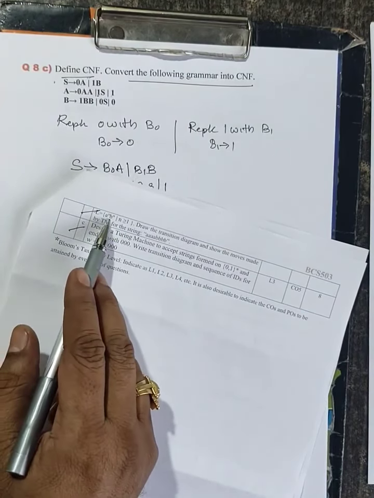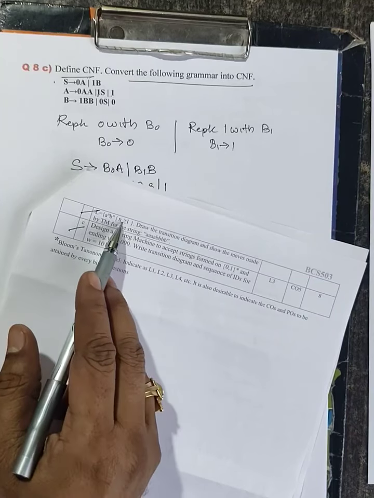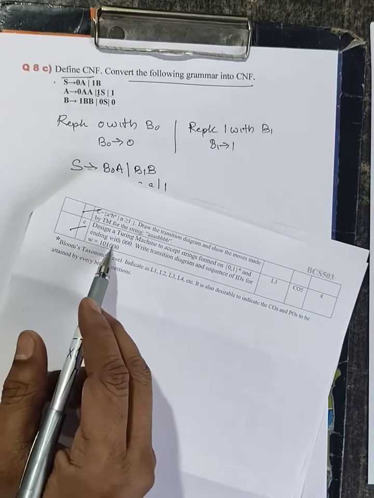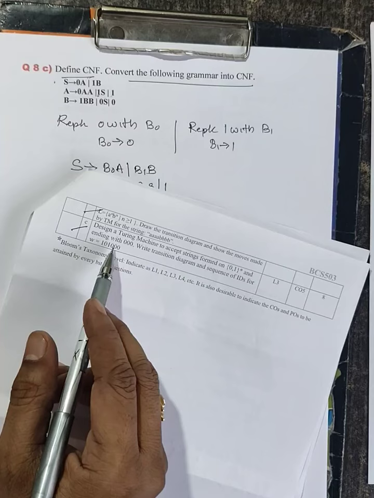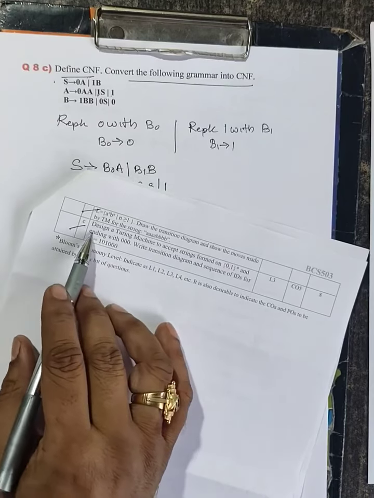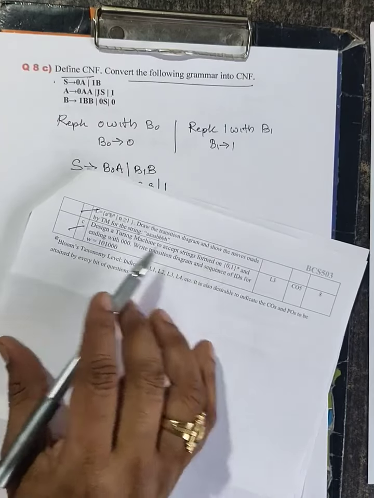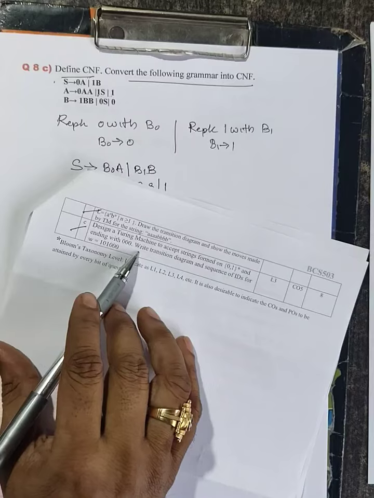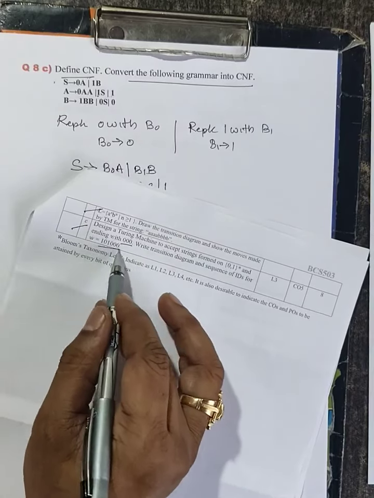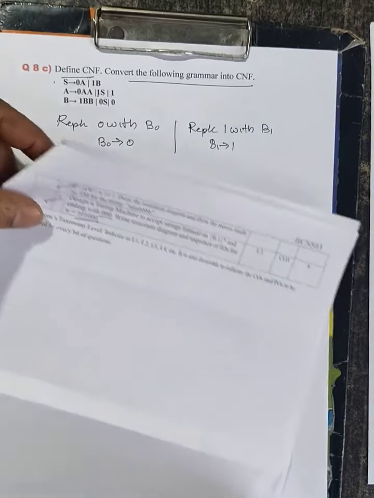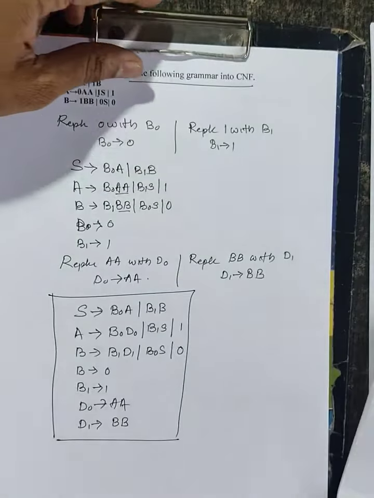This is a to the power n, b to the power n, n greater than or equal to 1, means here 2 variables. And here Turing machine for strings of 0 and 1 ending with 0. For this, how to construct Turing machines. Next, one more example. This is question number 10B, design PDA for the language.